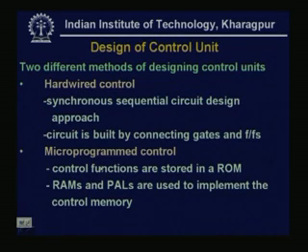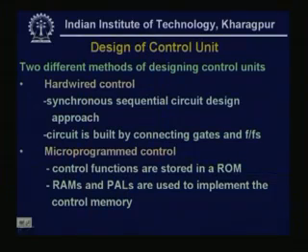Now, we see how these control units are designed and can be implemented. We have seen that these are the functions, mainly the instruction interpretation phase, where some functions have to be performed, and the instruction sequencing part.